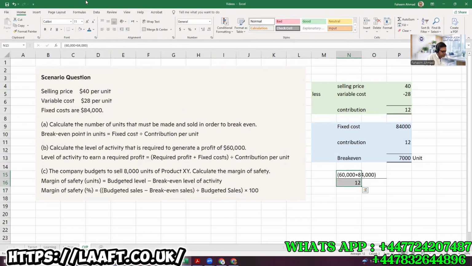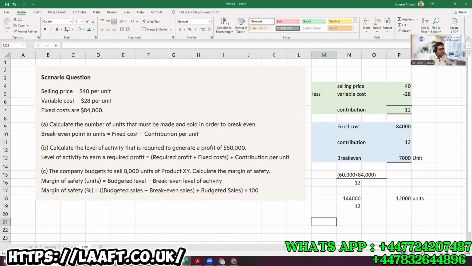So we can solve this one. This divided by 12. So that's 12,000 units. So these are the units that are required to be sold in order to generate a profit of 60,000.